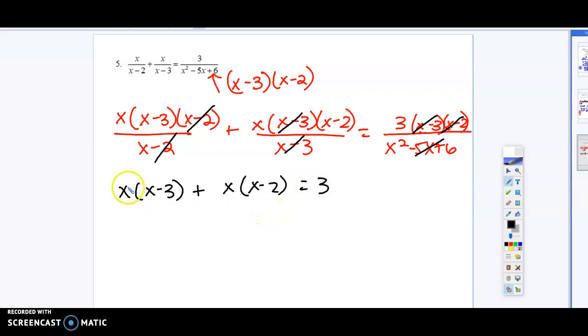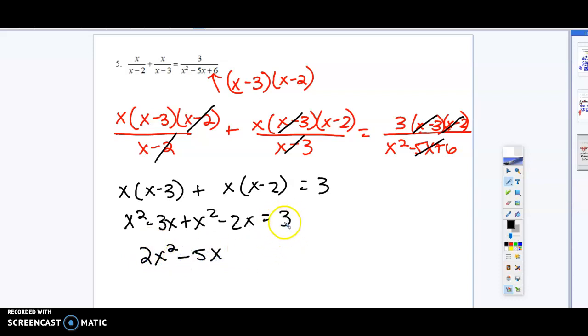We're going to multiply these out. That gives me x squared minus 3x plus x squared minus 2x equals 3. Combining like terms, that gives me 2x squared minus 5x. I'm going to move this 3 to the other side by subtracting it, so that gives me minus 3 equals 0.